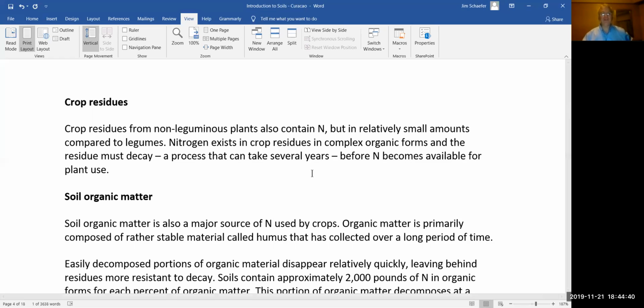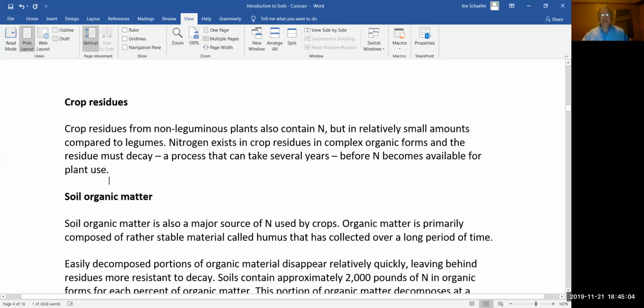Crop residues from non-leguminous plants also contain nitrogen, but in relatively small amounts compared to legumes. Nitrogen exists in crop residues in complex organic forms, and the residue must decay, a process that can take several years before nitrogen becomes available for plant use.